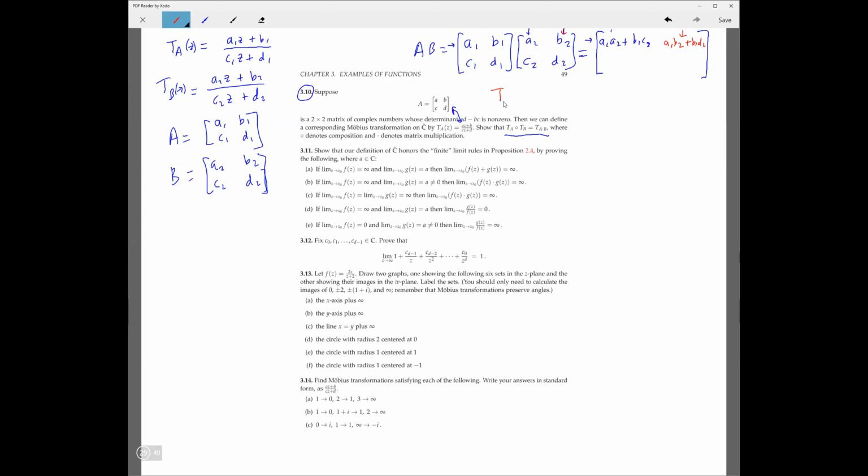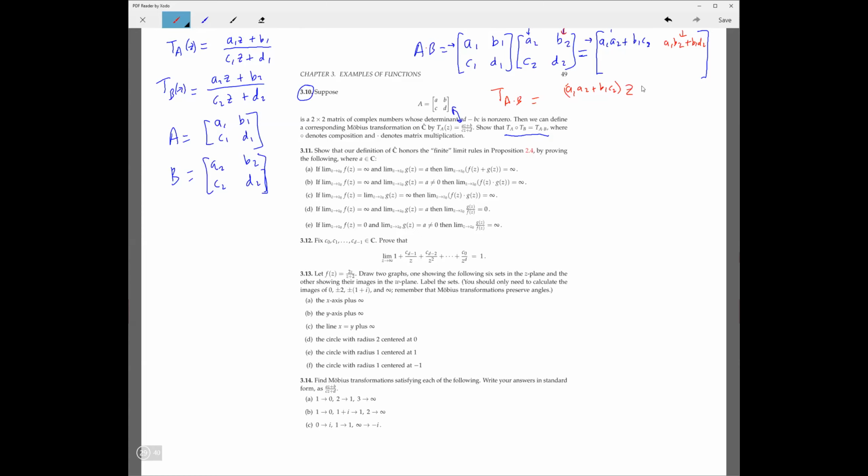Now, T sub AB, A times B, is going to be, just put this coefficient in there. So it's A1A2 plus B1C2 times, wait, I don't need the, no, it's not a matrix. I don't know why I put that there.